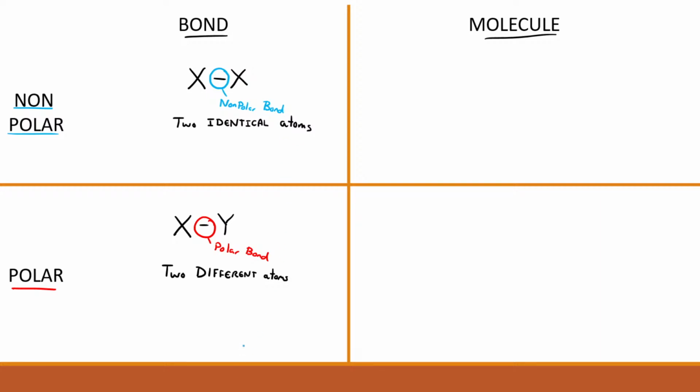When we look at the molecule, we're still talking about electrons being shared equally or unequally, but we look at the symmetry of the molecule. For a nonpolar molecule, you have multiple lines of symmetry.